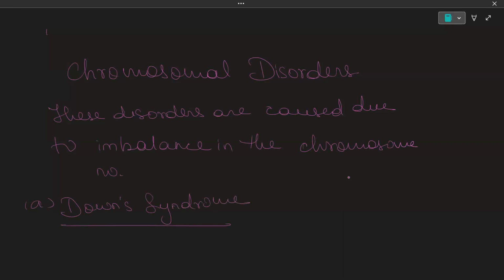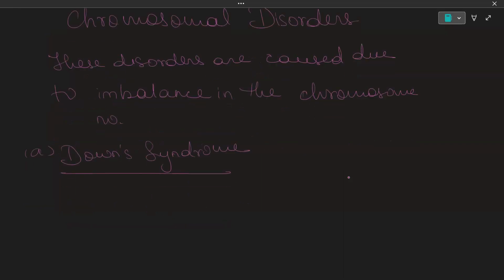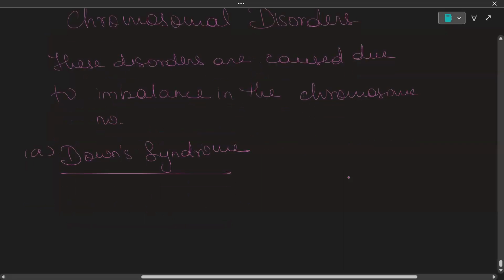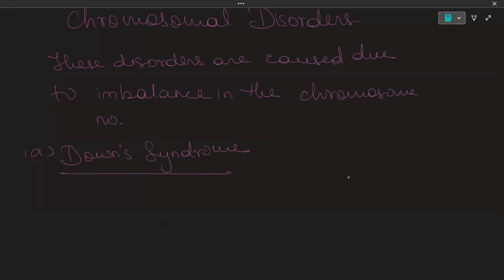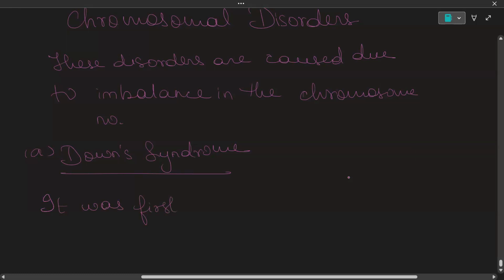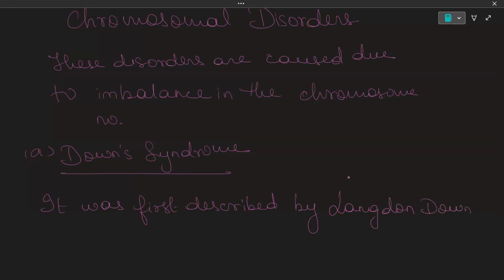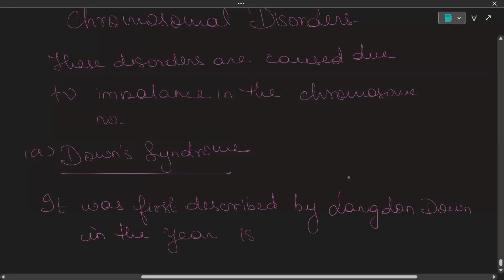Now, this disorder was first described by a person whose name was Langdon Down. Because he was the one to describe it, the disease was named after him. It was first described by Langdon Down in the year 1866.